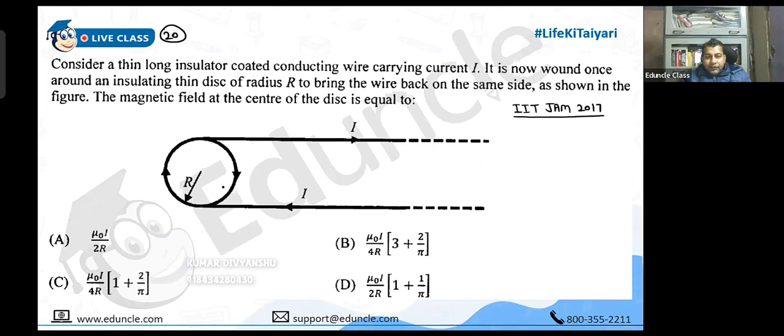So 1.5 turn is there. Okay. So now there are 3 things. One due to this straight portion, another due to this loop around the disc, and third due to this straight portion. Okay.